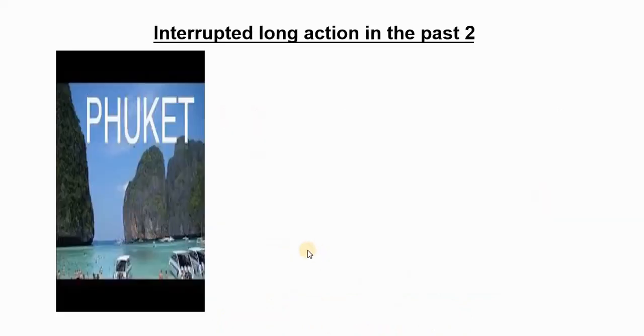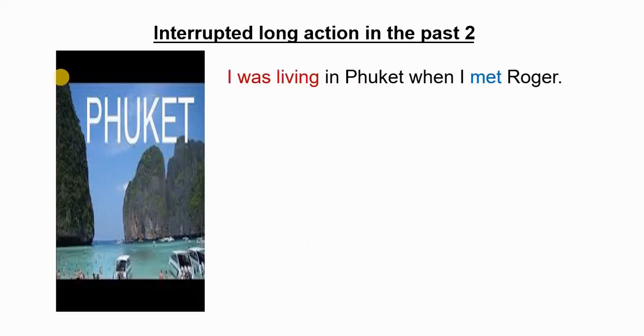Another example. I was living in Phuket when I met Roger. So this is the longer action, I was living, and this is the short action, met, at a specific time. Alright?